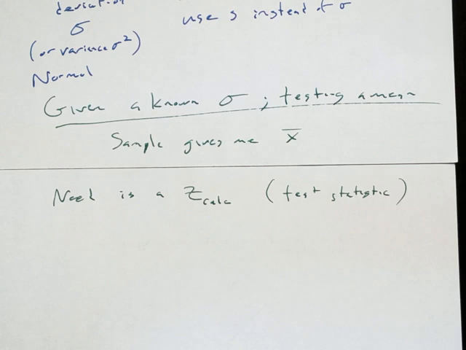The Z takes the number we got, subtracts the mean we think we want, and divides by, except now that I'm doing a sample, I'm going to divide by the standard error instead.